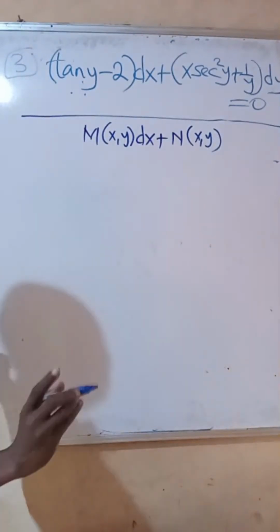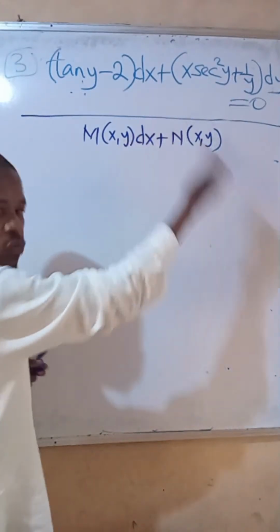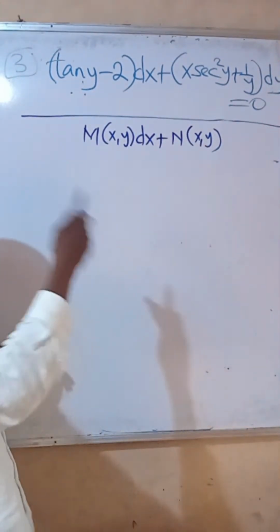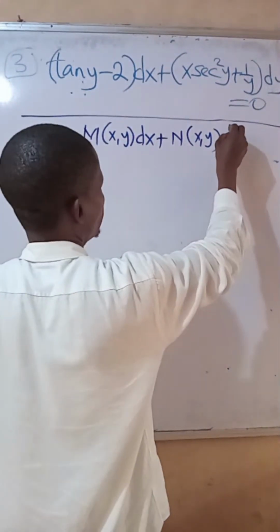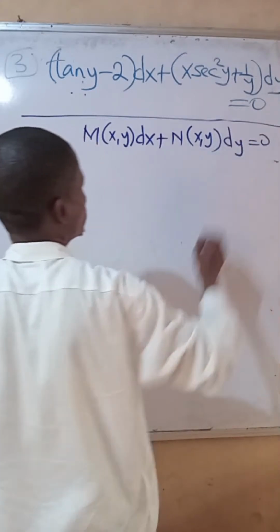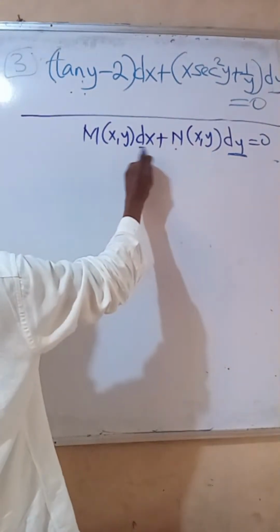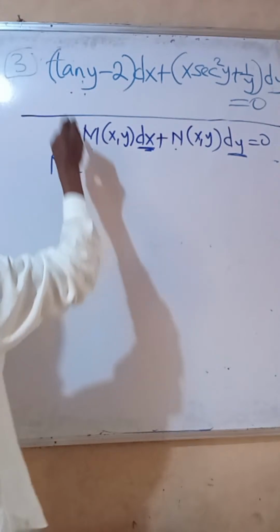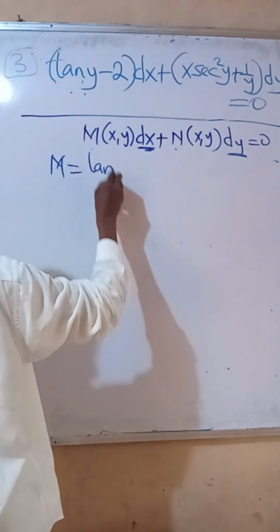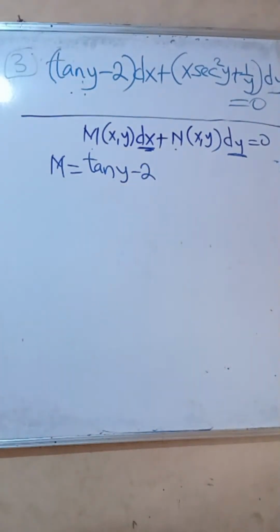It's not every time to be x and y; I'm going to give you another question that will not be x and y. But it must be functions of two variables. What this means is that the attachment to your dy is your n. The attachment to your dx is your m. So m from the given question will be tan y minus 2.